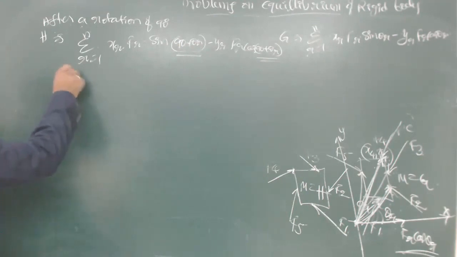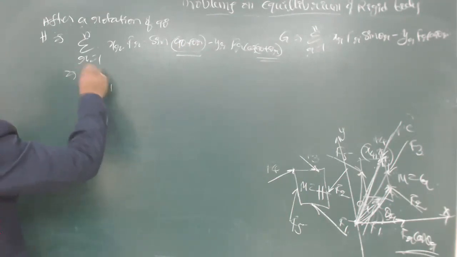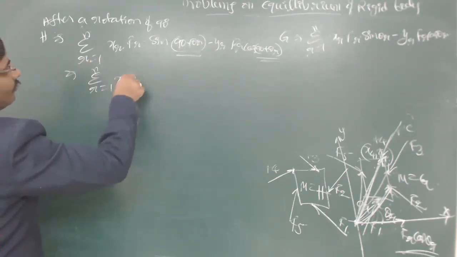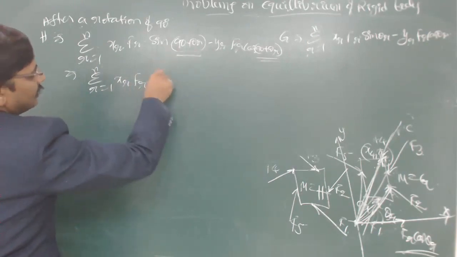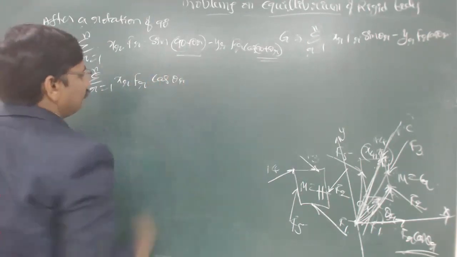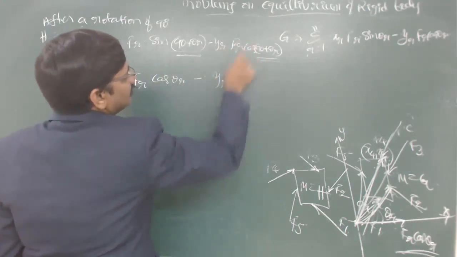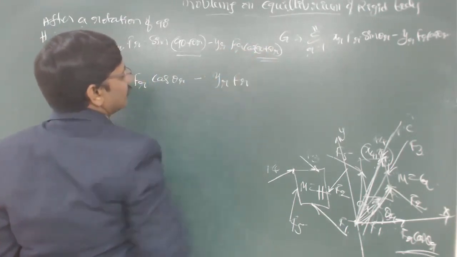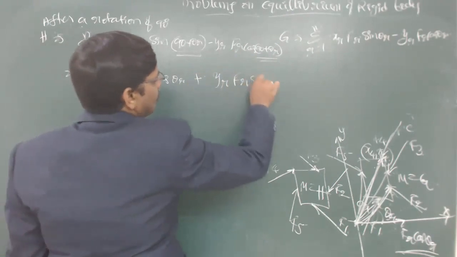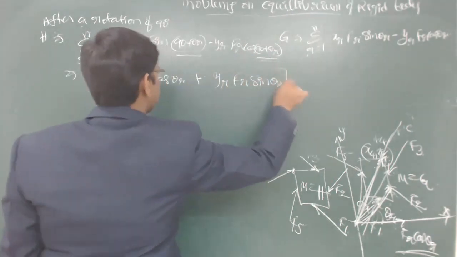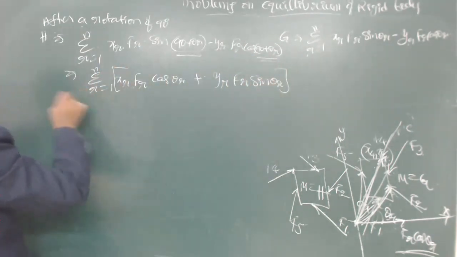So this is sigma r equal to 1 to n, xr fr sin of 90 plus theta, which is cos theta r, minus yr into fr into cos of 90 plus theta, which is minus sin theta r. So this is the h value.